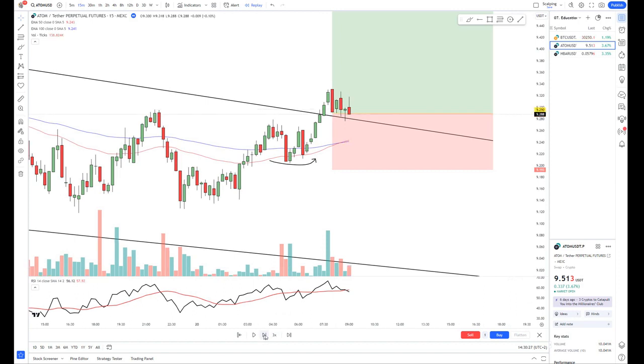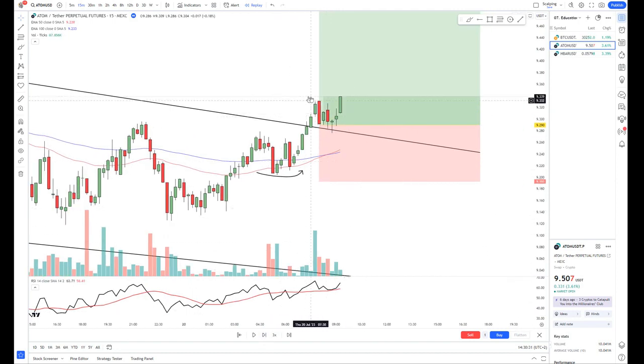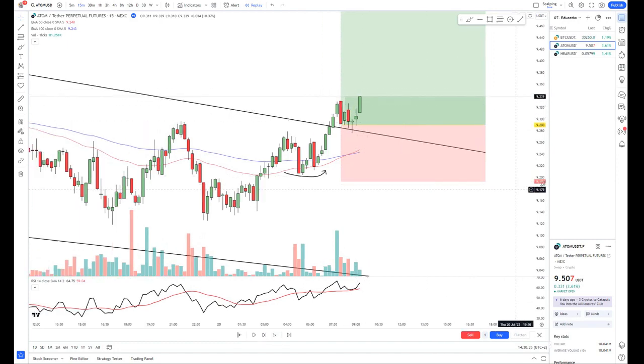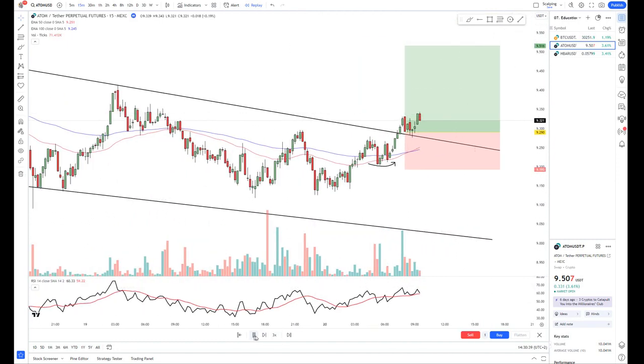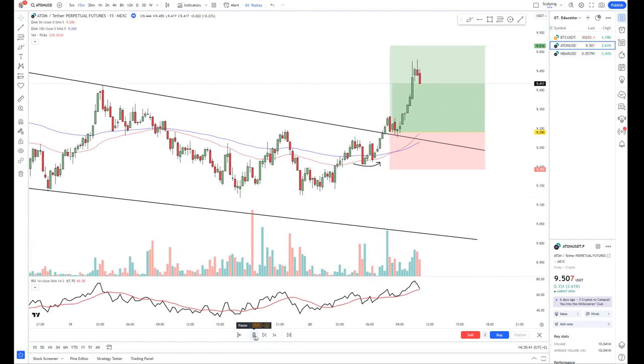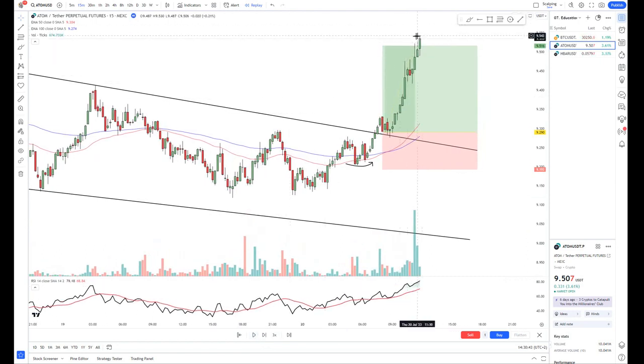And then we move on. We keep having price action around our entry, and eventually you'll see price taking off and hitting, in this case, take profit.